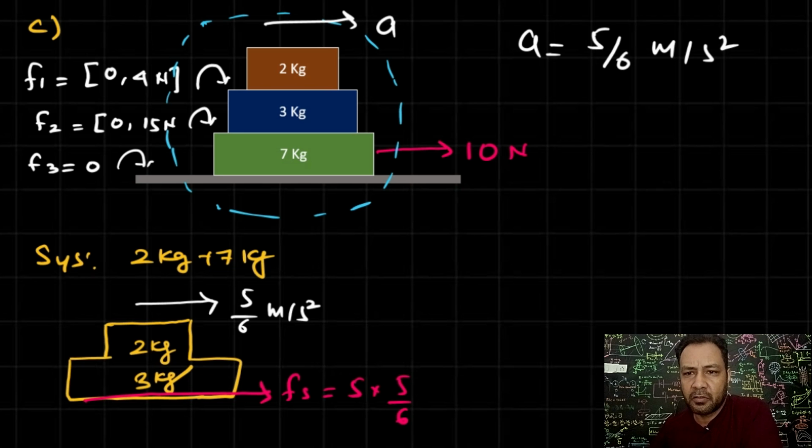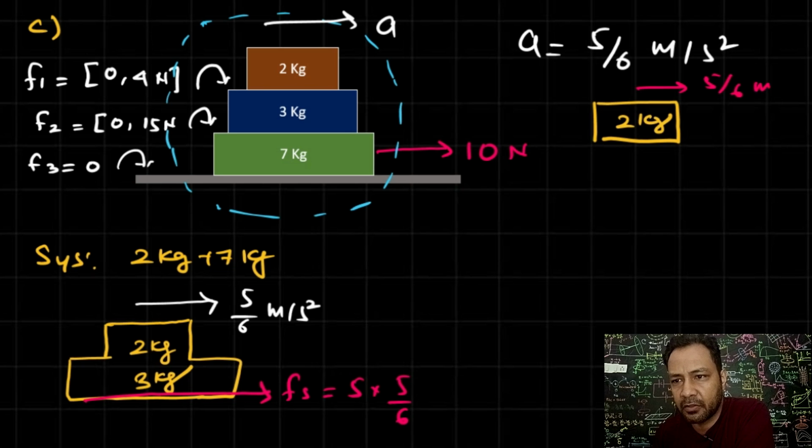And finally, I can see whether this 2 kg is moving with the same acceleration or not. So let me draw the FBD of 2 kg. Actually we had checked this in part B, but still I am checking again. This is a 5 by 6 acceleration, so the required friction Fs would be 2 into 5 by 6, so 10 by 6, less than 2, and available is 4.